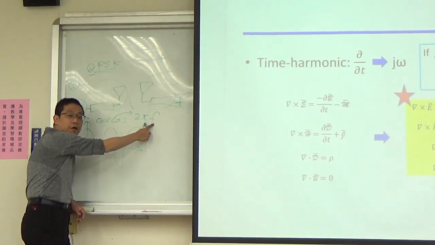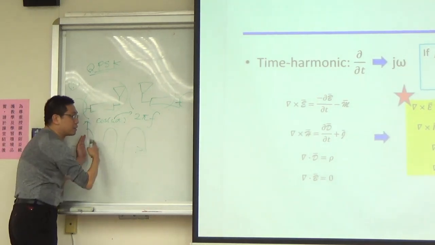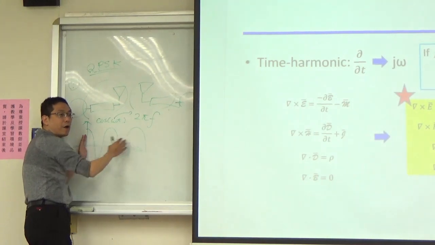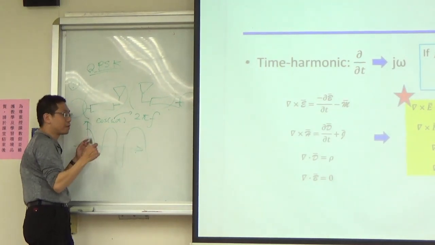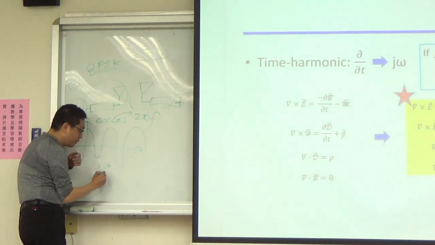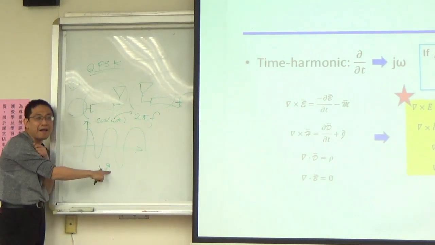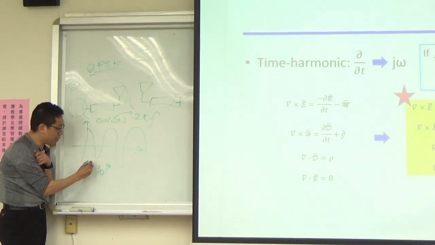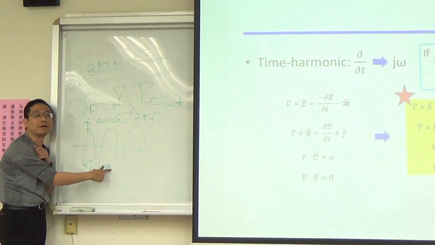So, if there are lots of cosine waves in 1 second, say 10 to the power 9 times, which means your f equals 10 to the power 9.